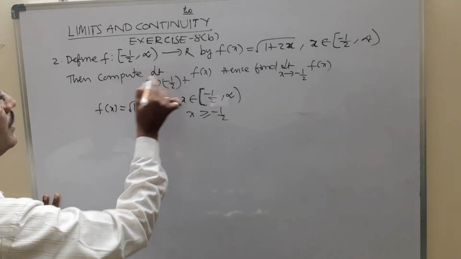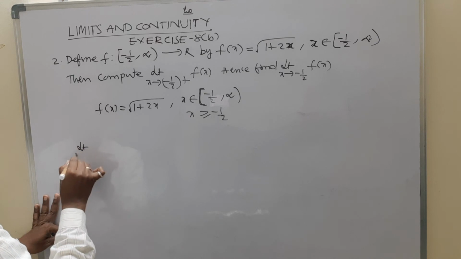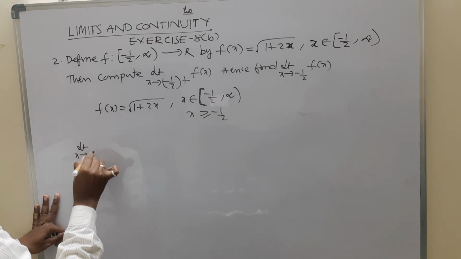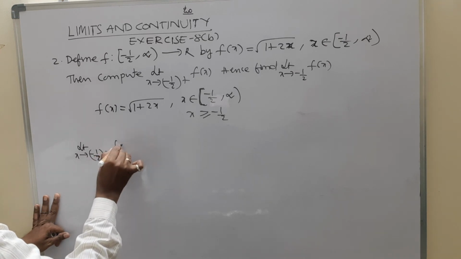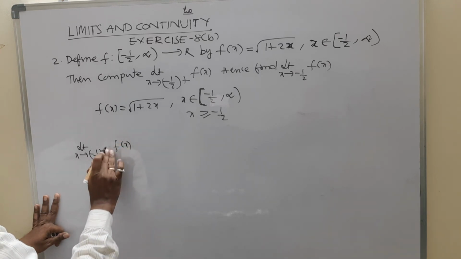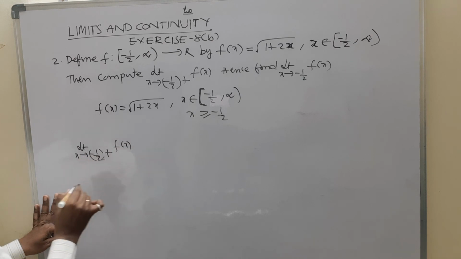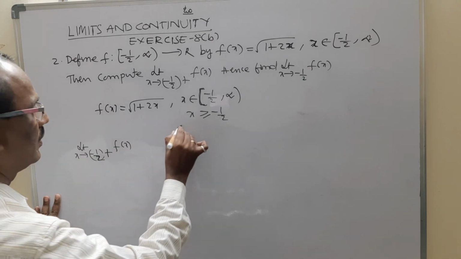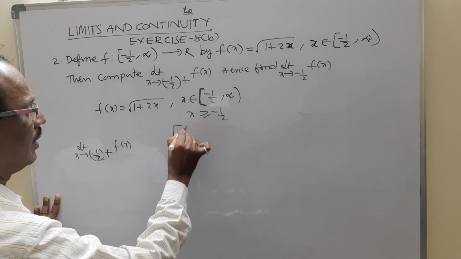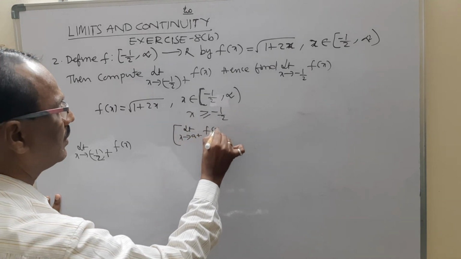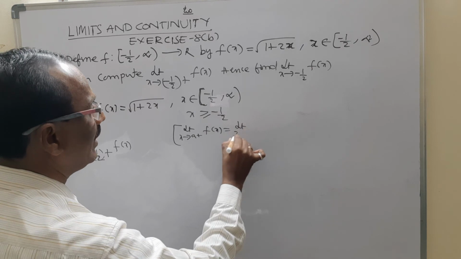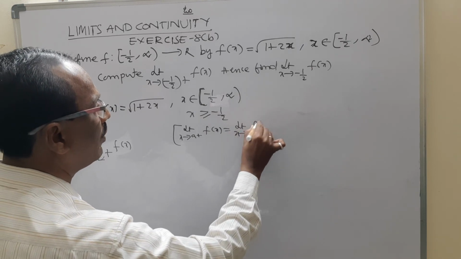Here we find limit x tends to minus 1 by 2 plus of f of x. Here limit x tends to a plus of f of x equals limit x tends to 0 of f of a plus x.